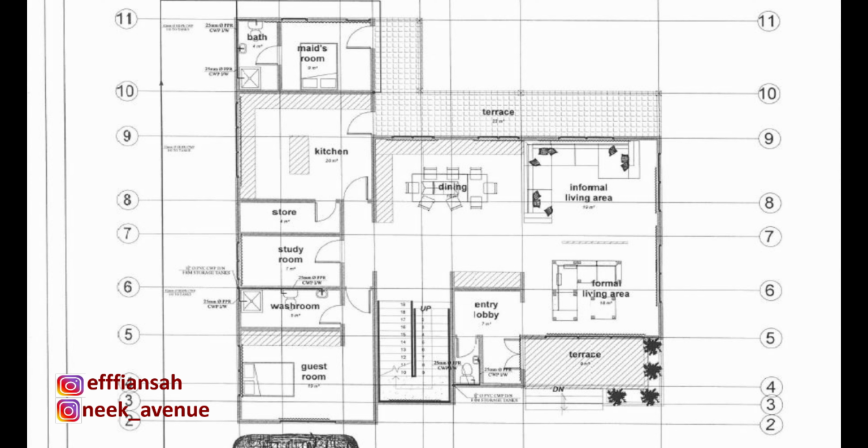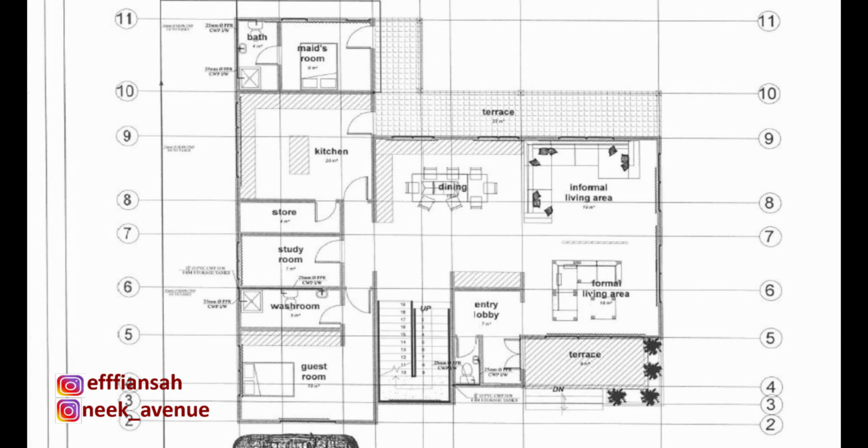How you know where your water supply is, anywhere at all on your floor plan or in your home where you would use water, be it your bathrooms, where your WCs are, where your sinks are, if you have a kitchen, if you have a kitchenette, if you have a random sink somewhere in the house, you need to have that on your water supply plan so that your plumber will know where to lay your pipes and how to go about it.